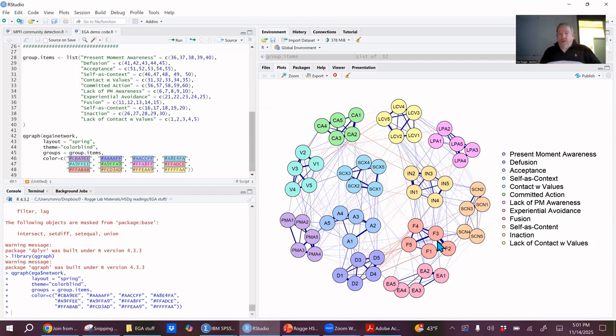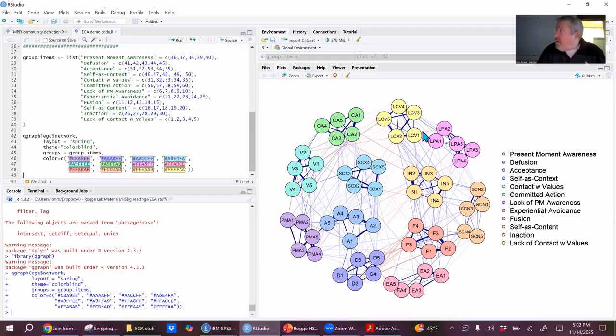And so knowing is this dimension more related to this dimension or not, it's almost impossible to tell. There's a bunch of lines, so it probably is, but it's harder to tell in this than it would be if you ran network analysis on the subscale scores.